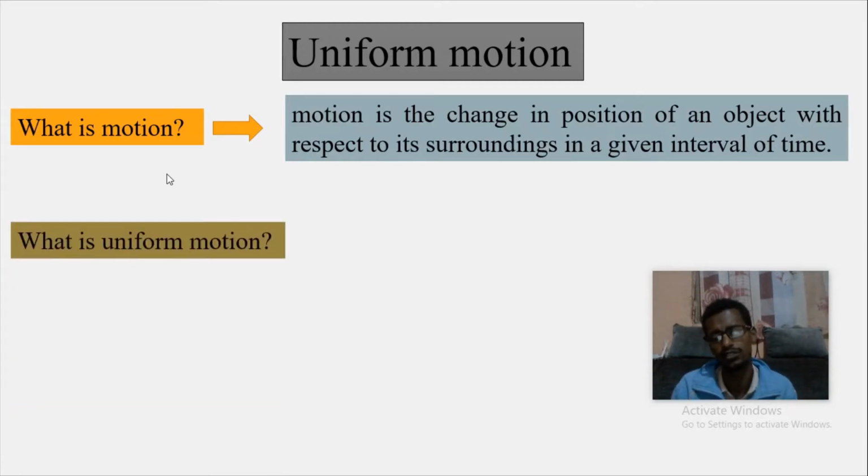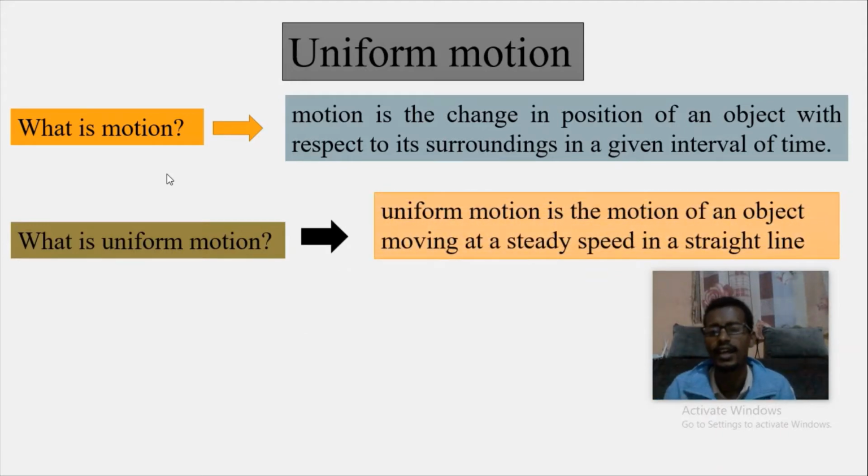So what's uniform motion then? Uniform motion is a motion of an object moving at a steady speed in a straight line. Which means if an object moves at constant speed in a straight line, we call the motion uniform motion.